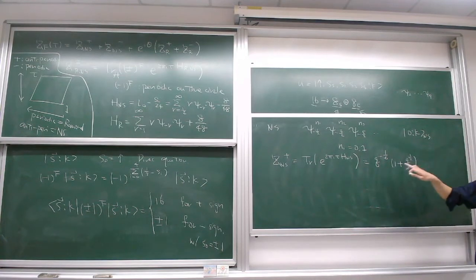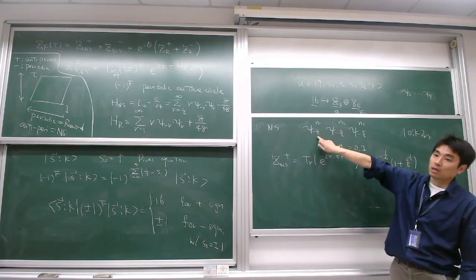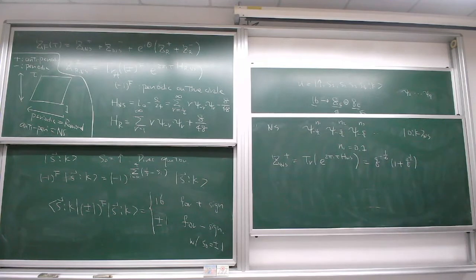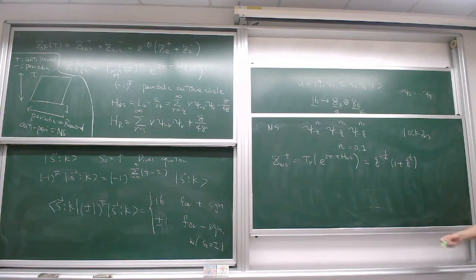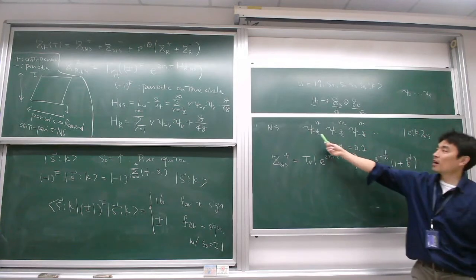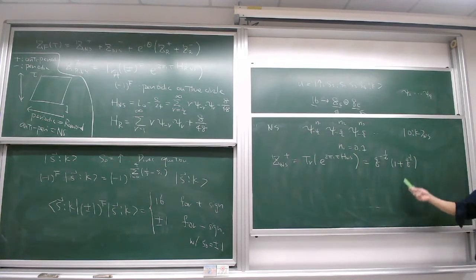Okay, so this is the number operator that counts the level of the creation operator. So 1 plus q^{1/2}: if this one acts on the vacuum, you count q to the 1/2, otherwise 1. The same thing for 1 plus q^{3/2}.